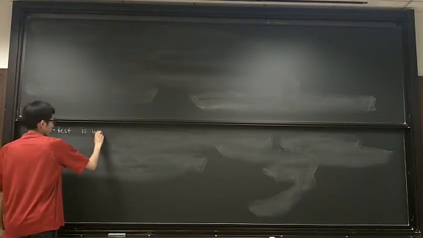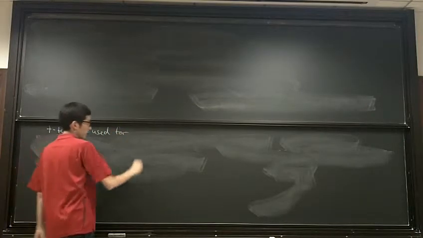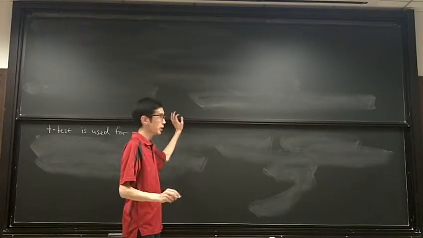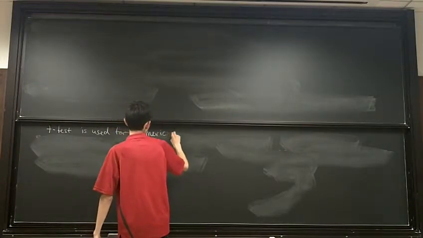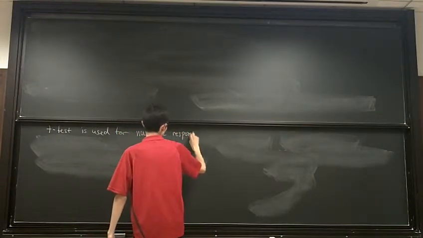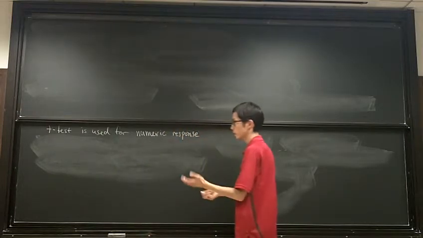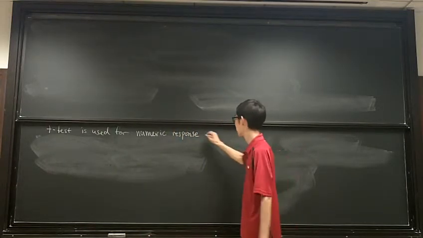is used for what we call a numeric response, but distinguished by a categorical variable, so we have two groups. Okay.